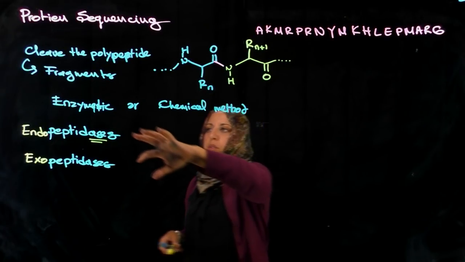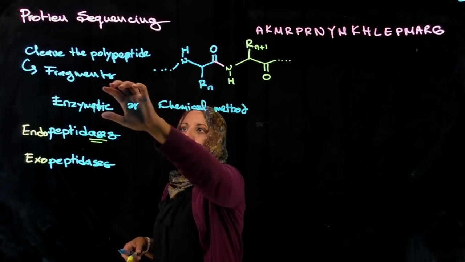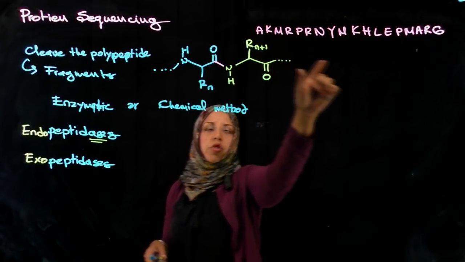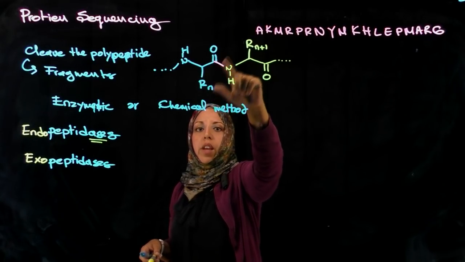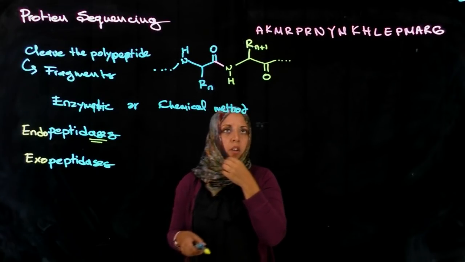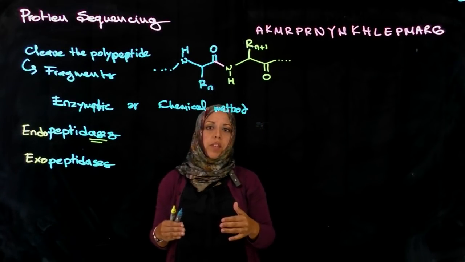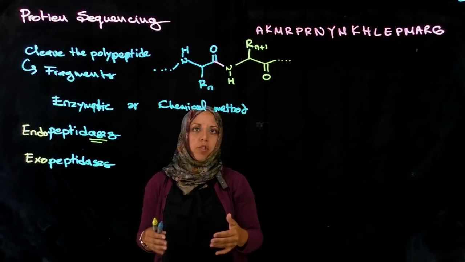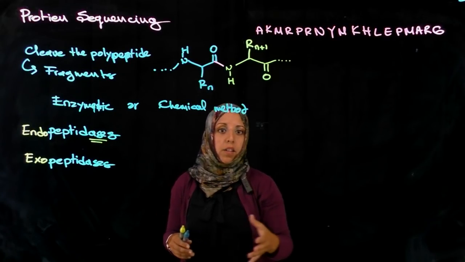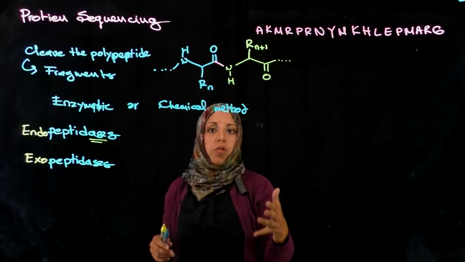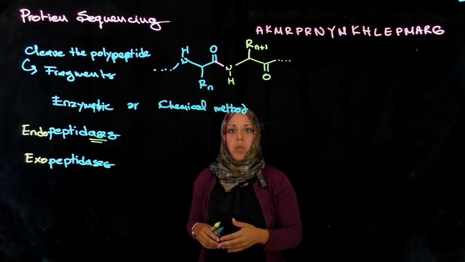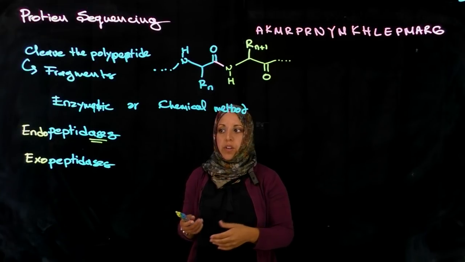All right, what those enzymes do, or what fragmenting a polypeptide chain involves, is the cleavage or the hydrolysis of a peptide bond. Remember, to form a peptide bond between two given amino acids, it's a condensation reaction that involves the loss of a water molecule. Well, to cleave a peptide bond, it's a hydrolysis reaction that requires the addition of a water molecule.